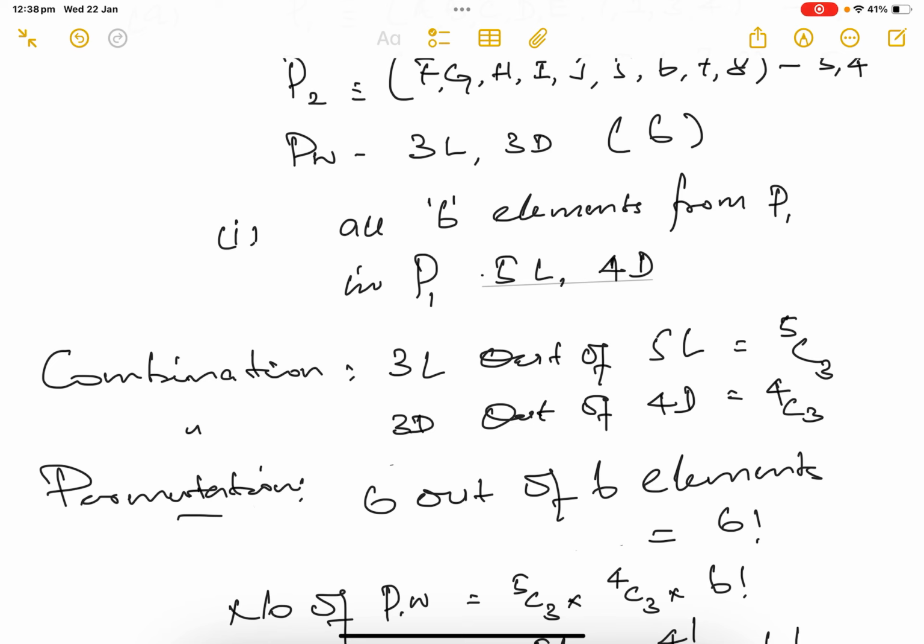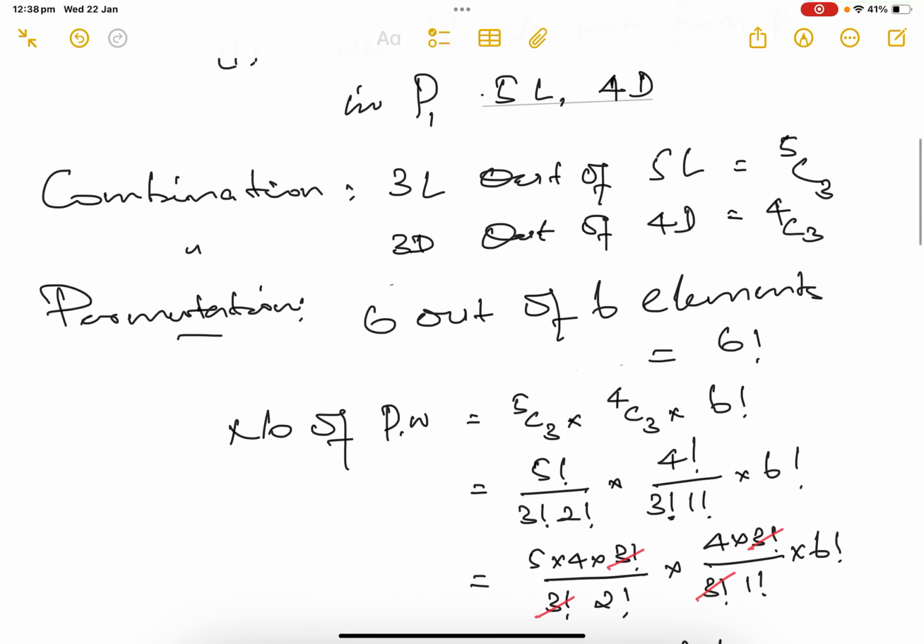Again, picking any 3 digits out of 4 digits is the combination 4C3. So these are the 2 combinations. Having picked 3 letters and 3 digits, we form 6 elements. Then out of the 6 elements, we have to arrange a password.